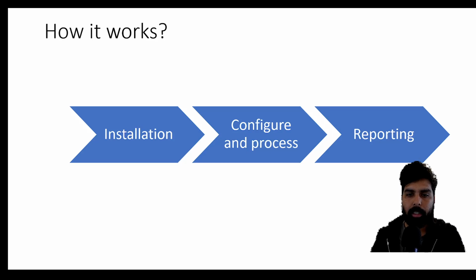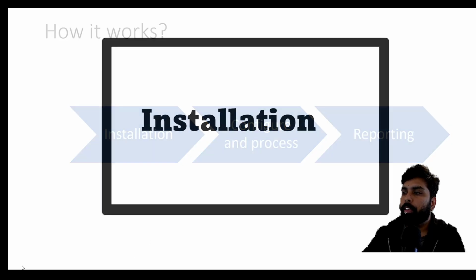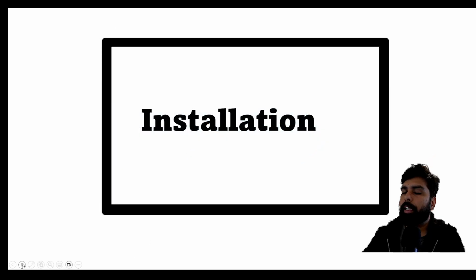Then we process and record transactions. And the most important part, the last part, is the reporting. We are also going to check how the reporting is going to work in global inventory accounting.